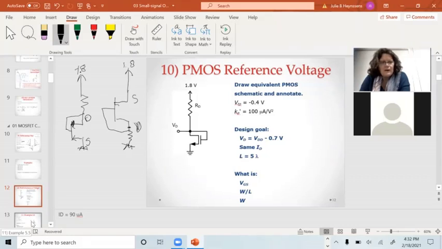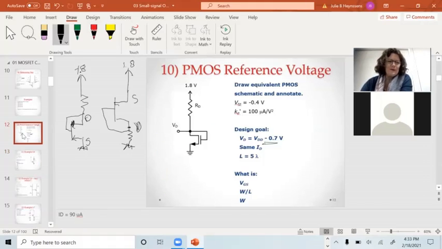If we know the current, we can get the voltage out of it. And it says same ID, so we're given an ID basically here. I've never actually done anything more on the slide than just draw it. Given the same ID, we could calculate VGS using Kn over 2 Vov squared. It's the same formula we've been using all along.